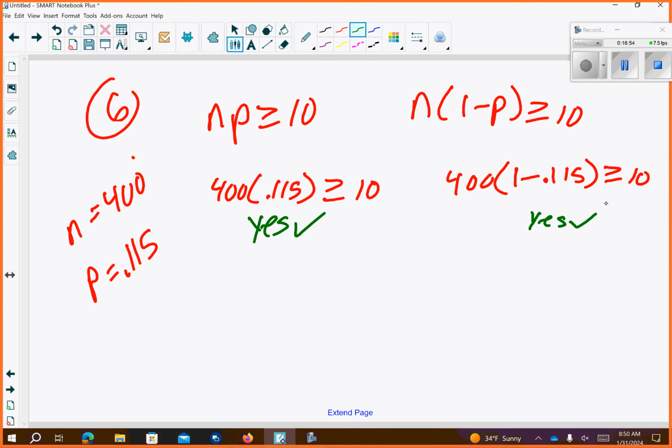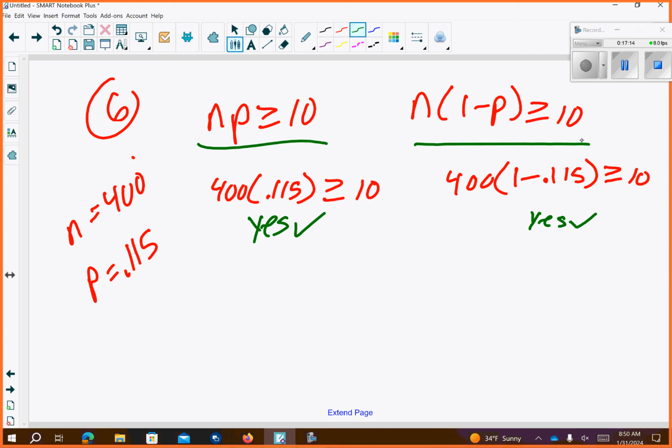So this does indeed support that we had a large enough sample size for our proportions. If we had said 40, we might not be there. If we had said 30, we might not be there. Again, you just have to do the math using these two equations.